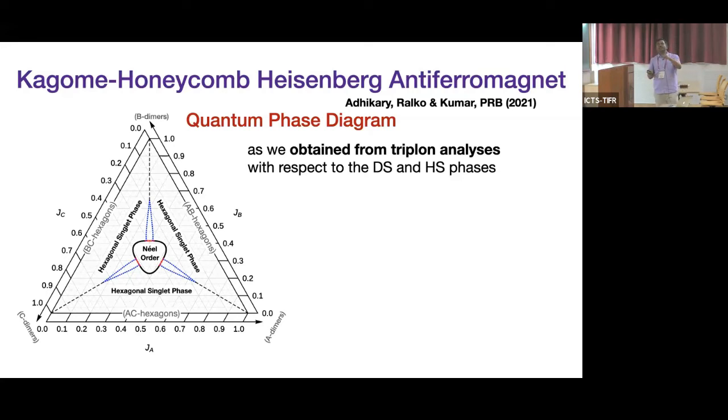And by the way, this has been corroborated recently by another set of people following up our work. So indeed, there is a dimer phase between these two hexamer phases. But at the level of our calculations, this is just the region from which AB hexagons become AC hexagons.